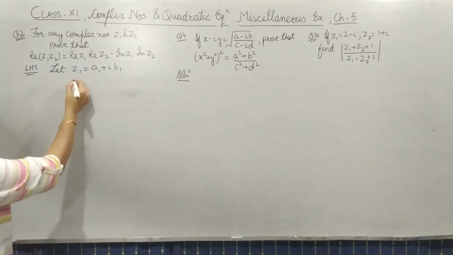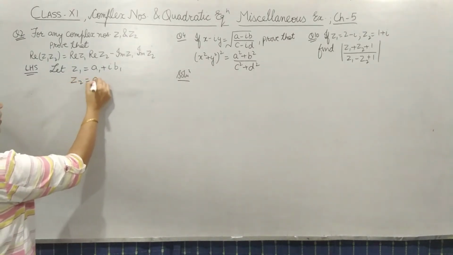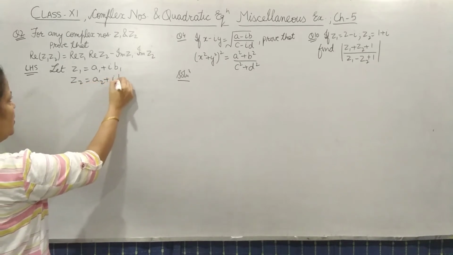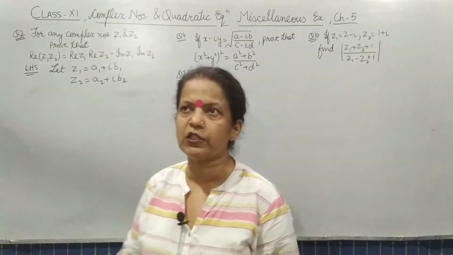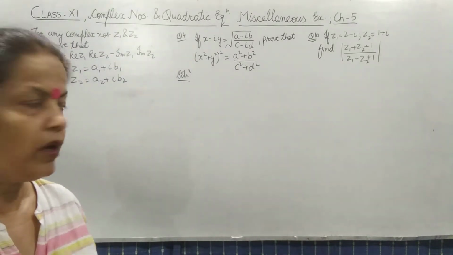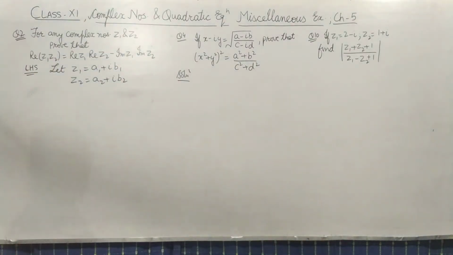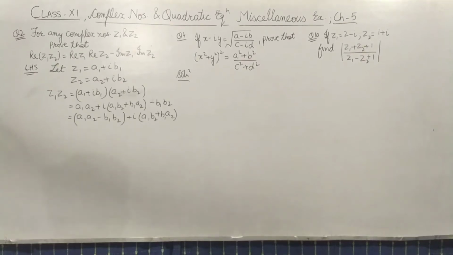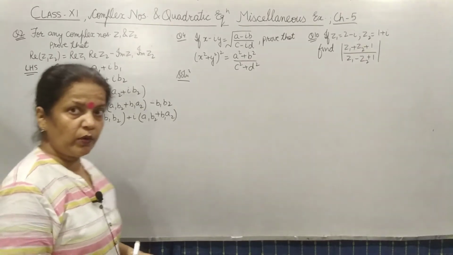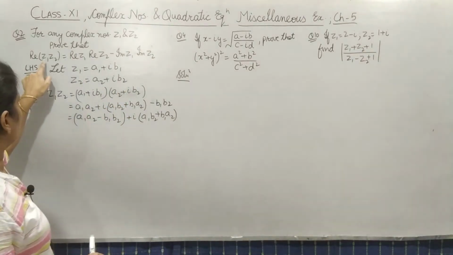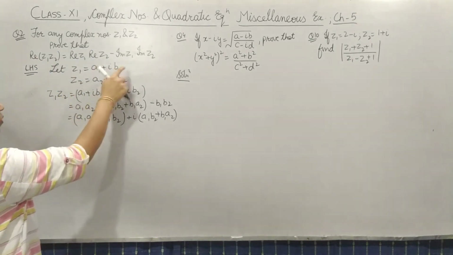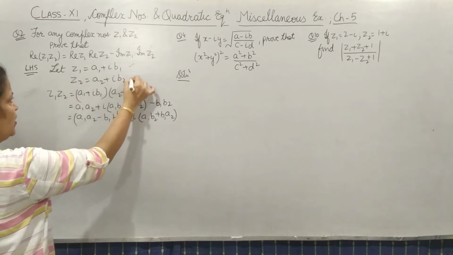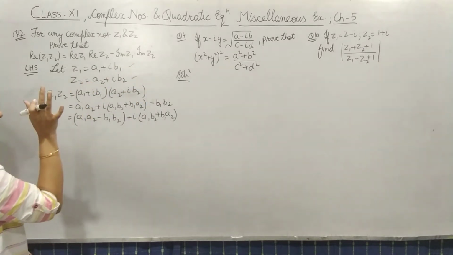And z2 we can take it as a2 plus iota b2. So these are the two different complex numbers. Now you have to find out. So what we will do here, we will take z1 z2 multiplication. So z1 is this, we have taken it, and z2 is this. Multiply these two terms together.